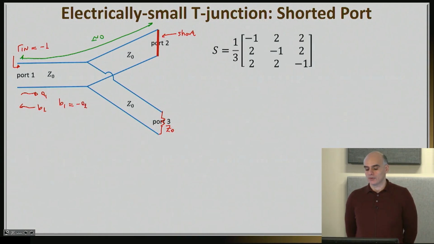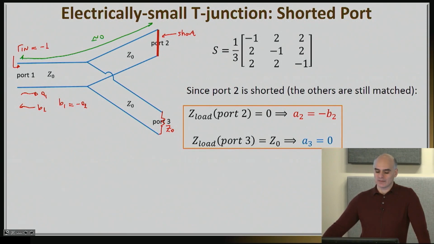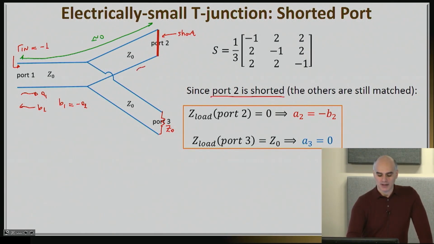All right, so what we do is we start with our S matrix, and this is the S matrix that we have calculated for our device. This S matrix is going to be useful for us to calculate the result when port 2 is actually shorted. Now, since my port 2 is being shorted here, that means that if I have the A2 here and the B2 here, oops, I actually am putting them the wrong way.